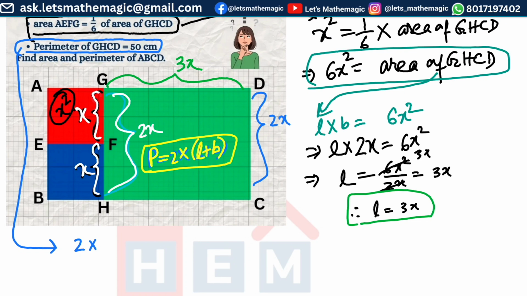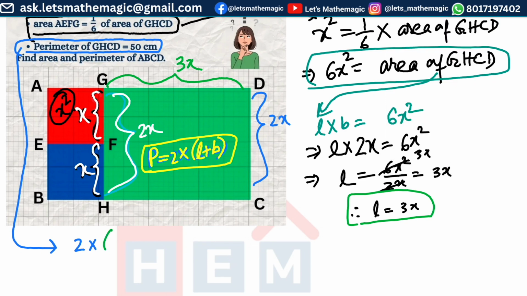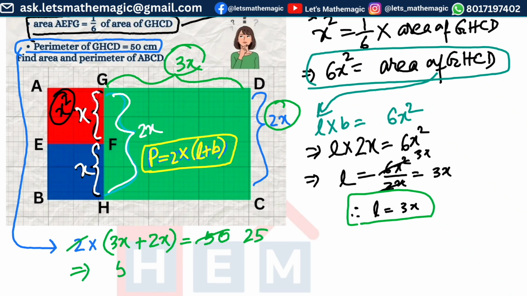Replacing L with 3x: 2 into (3x plus 2x) equals 50. The 2 and the 50 cancel out, giving 25, so 5x equals 25, and then x equals 5. It's very clear. We got the value of x.